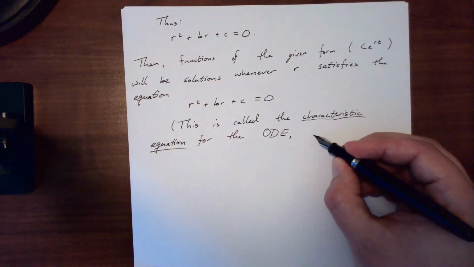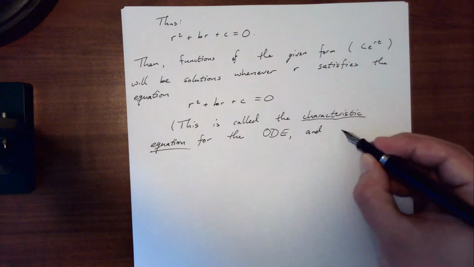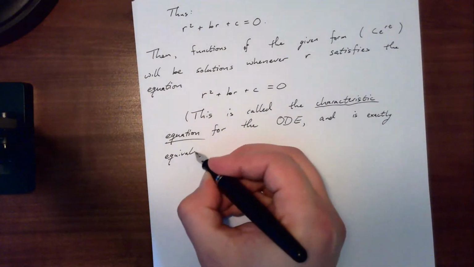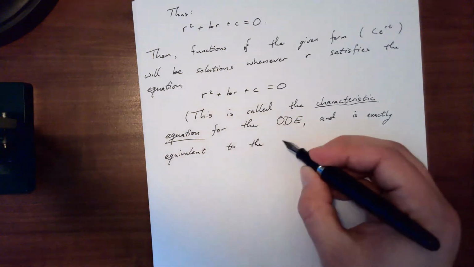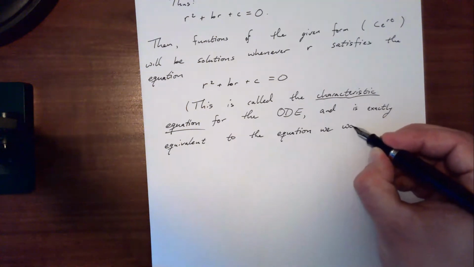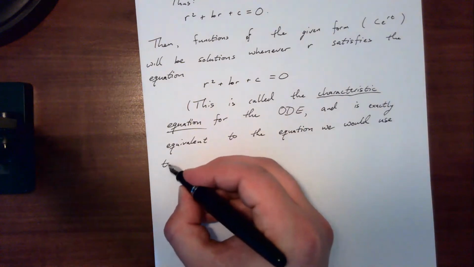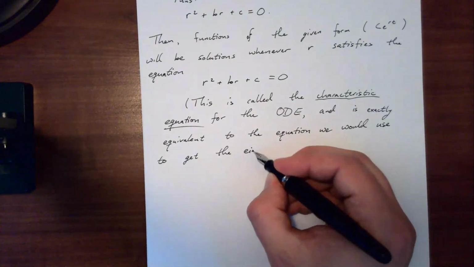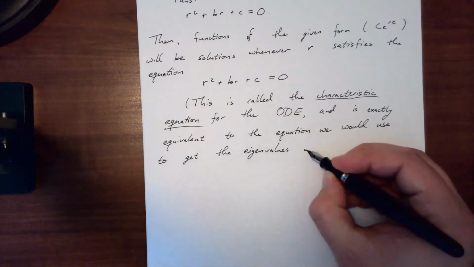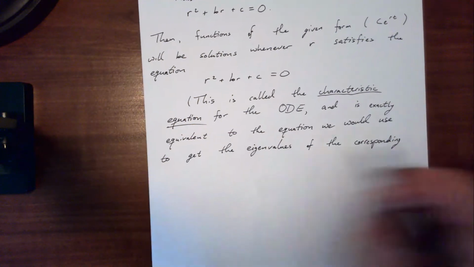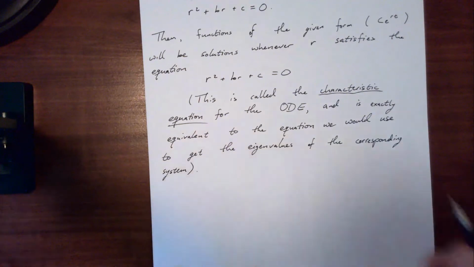It is exactly the same as the characteristic equation we would get if we converted this to a system and found the eigenvalues, and is exactly equivalent to the equation we would use to get the eigenvalues of the corresponding system.